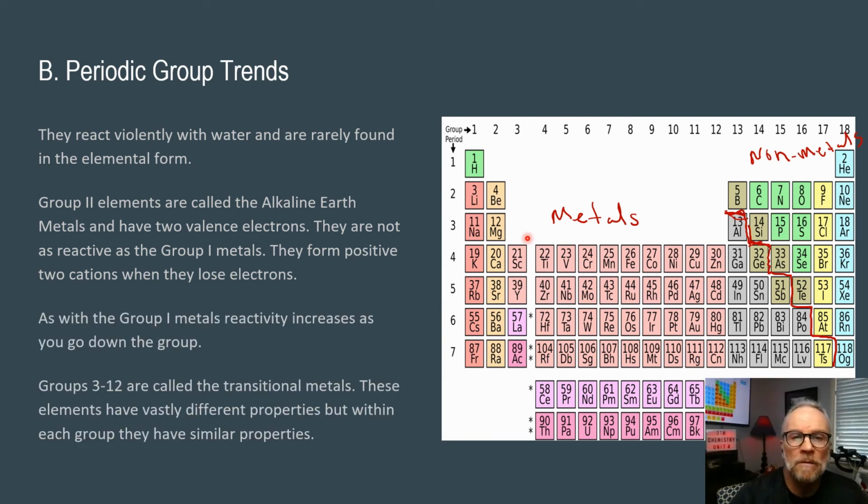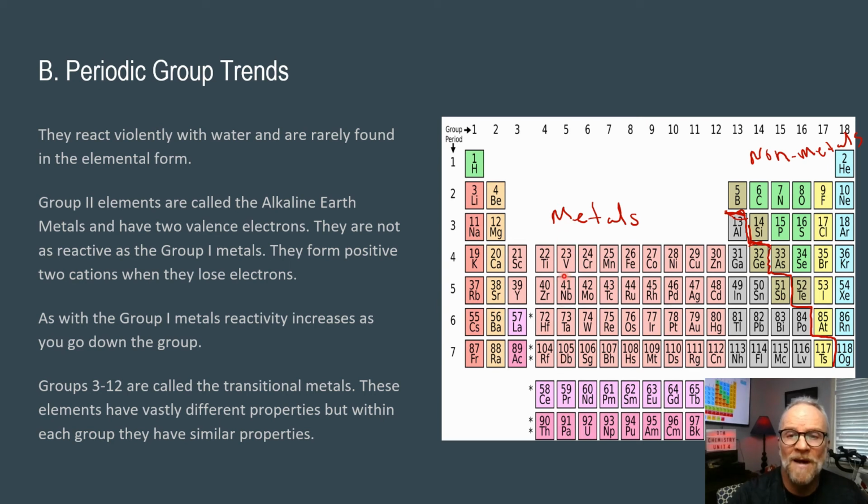Then we will talk a little bit about the group 3 through 12 elements. These are called the transition metals. And of course, you're transitioning from a metal to a nonmetal as you go across the table. The chemistry of these elements is very, very cool. They're used in lots and lots of materials, and they have really unique properties.